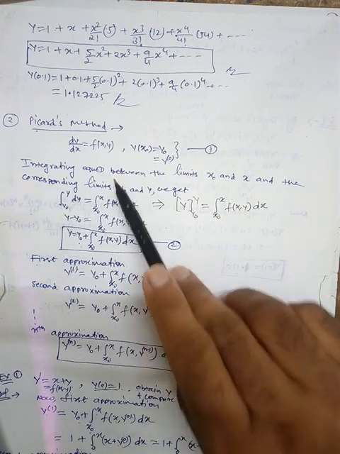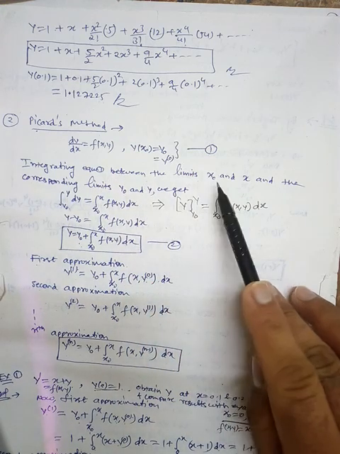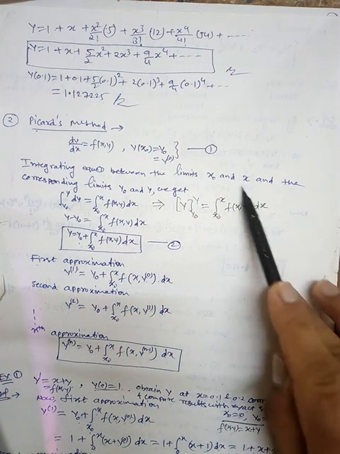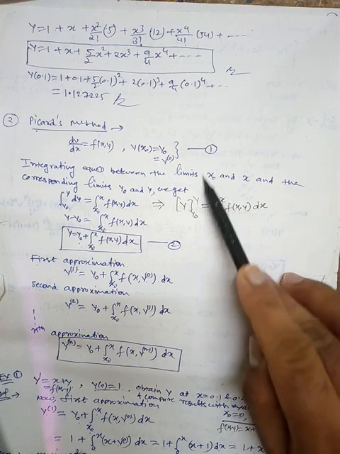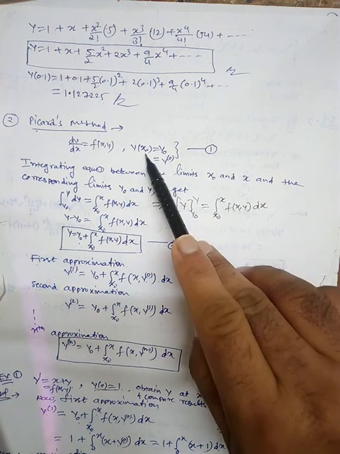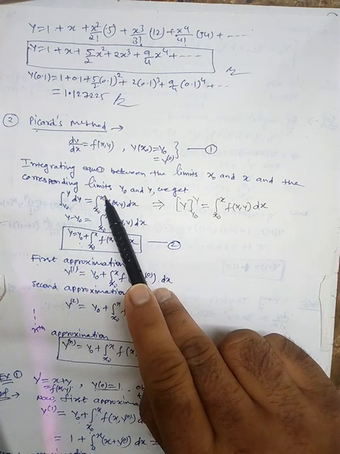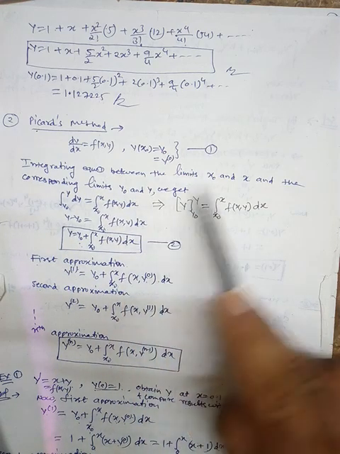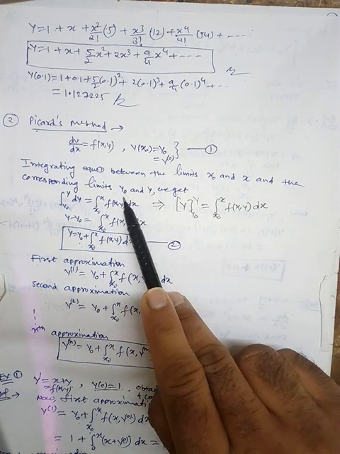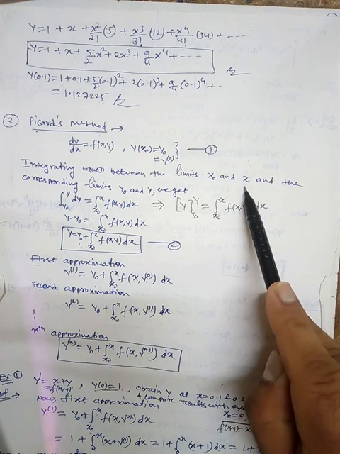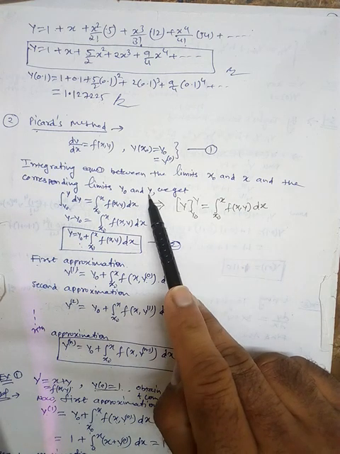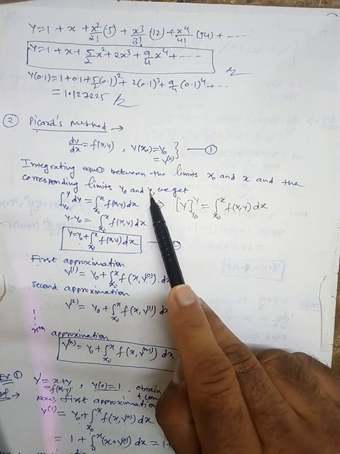Now integrating this equation between the limits x0 and x. X is the variable limit. However, x0 is the fixed limit, the initial point. And the corresponding limits are basically y0 and y. For x0 we have limit y0. For this variable limit x, we have the variable value of y denoted by y.